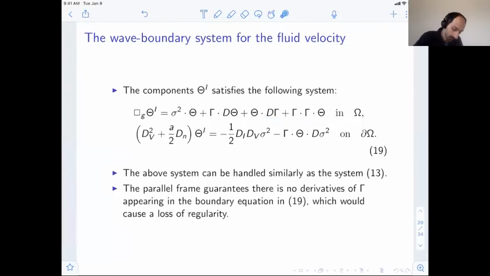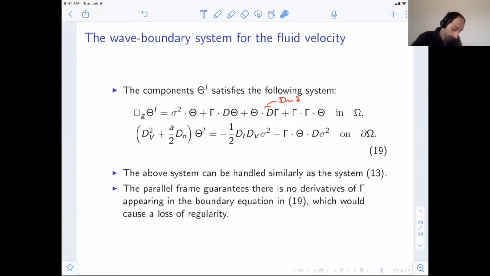When I write d, it's the same thing as partial here, right? So these are all scalar functions now that I'm working with. Okay, so that's the interior. It's not zero, but it's some nonlinear wave equation. And on the boundary, what do I have?